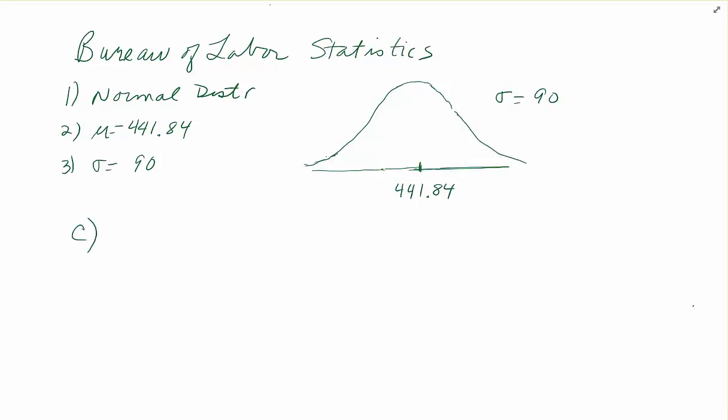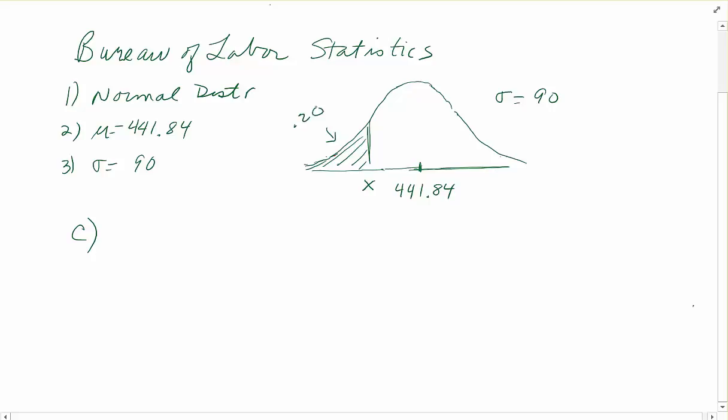Okay, part C, 20% of wage earners make less than what weekly amount? So we're talking about the lower 20% of the workers, and we want to know what amount they make less than. So I need to find the X there.